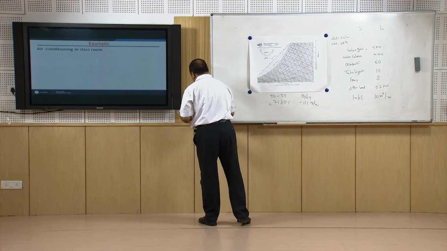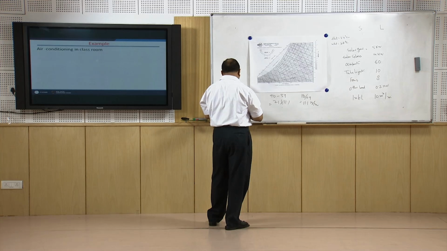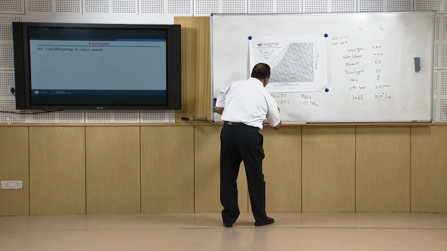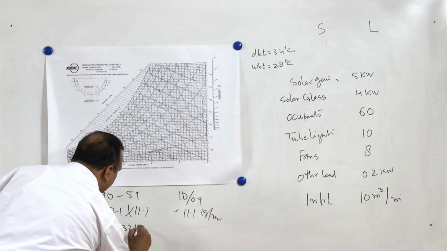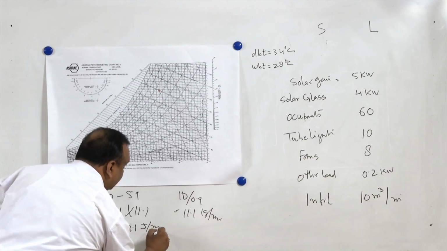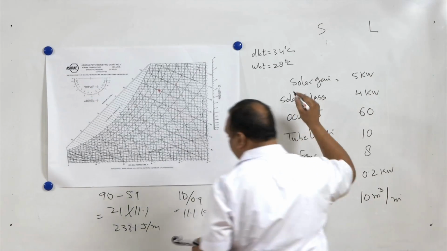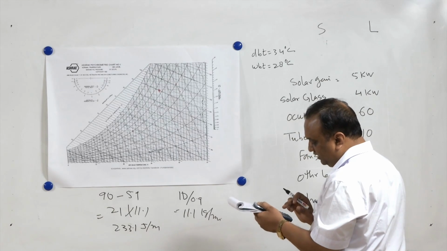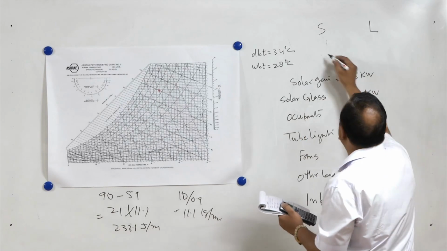So 21 multiplied by 11.1, it is going to be 233.1 joules per minute. So the heat by infiltration is going to be 233.1 divided by 60. It is going to be 3.9 kilowatt.